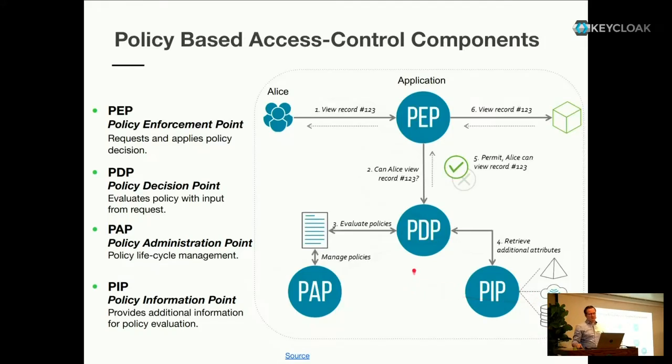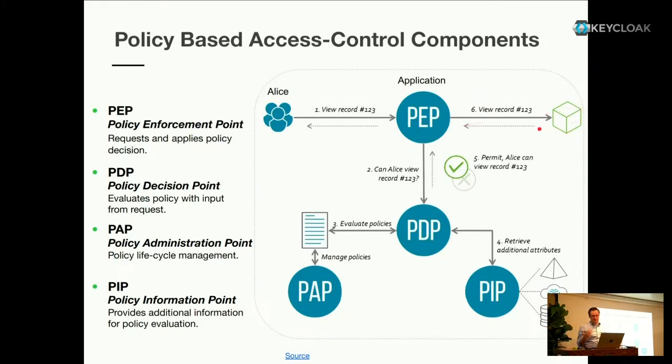With all this information combined, the policy decision point can eventually make the access decision and return an access response, or policy response, back to the policy enforcement point, whose responsibility it is now to enforce that decision, to allow or deny the request.